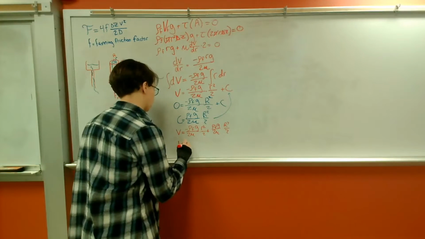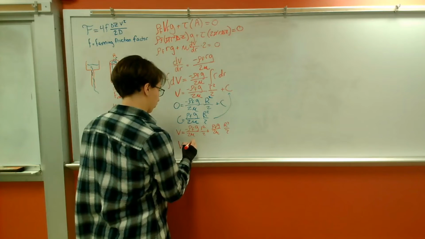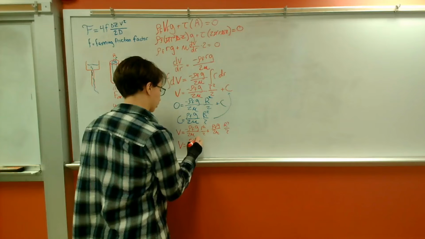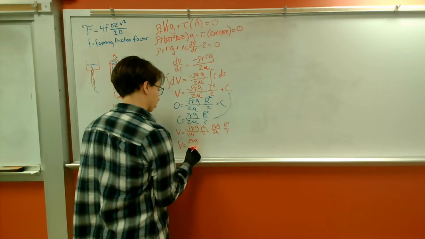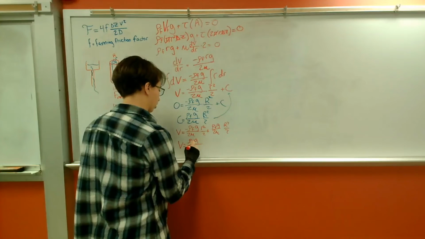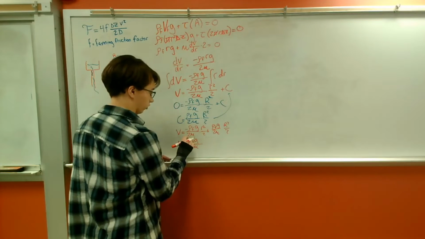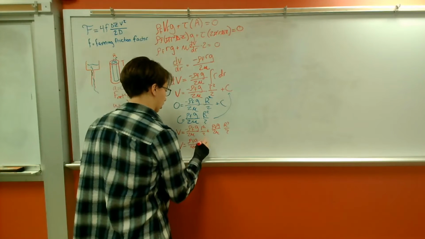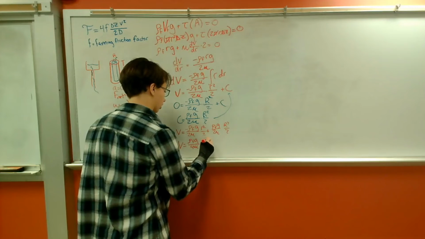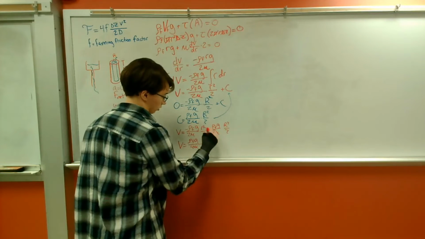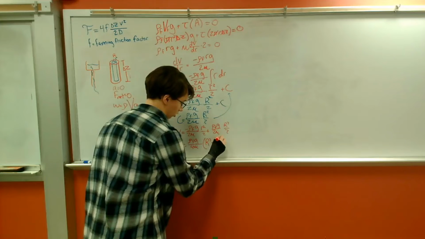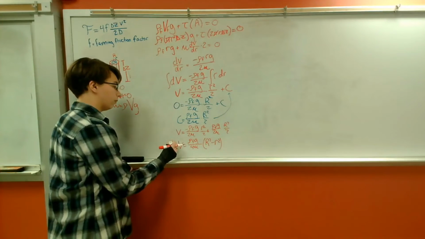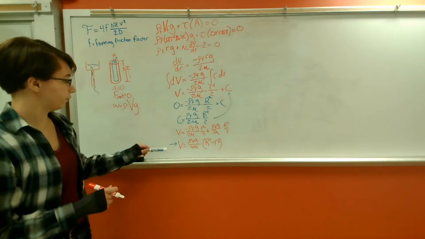And so we've got that velocity is equal to density of the fluid times acceleration due to gravity over 4 mu, so 4 is from that 2 times that 2, times big R squared minus little r squared. Okay, so there we have an equation for the velocity.